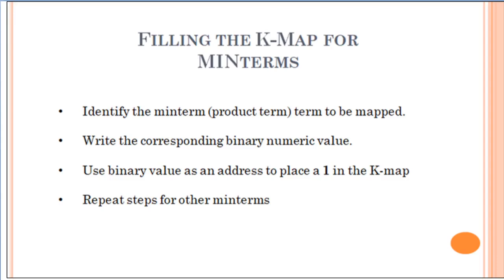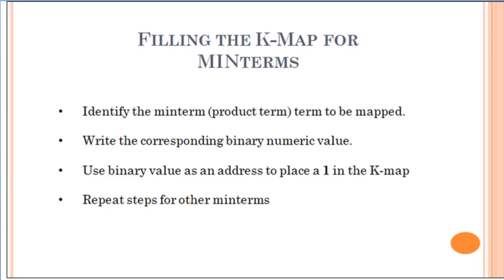For a bar b, a bar means 0 and b means 1. That means if a variable is complemented, we write 0. If a variable is without bar, we write 1. Clear? The numeric binary value for this term will be 0 1.